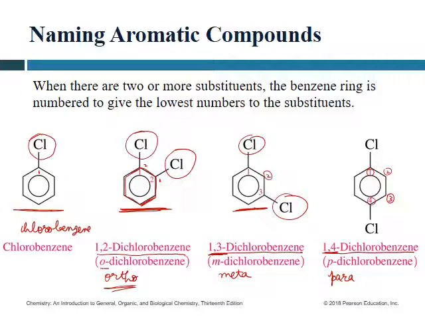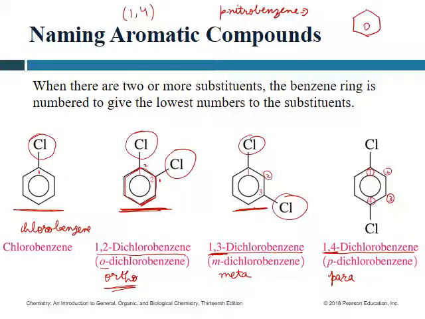So if somebody tells you you have para-nitrobenzene, how would you draw this? We know it's a benzene, it has a nitro substituent, and it is P. P stands for para. Para stands for 1, 4. So you would draw the benzene ring.